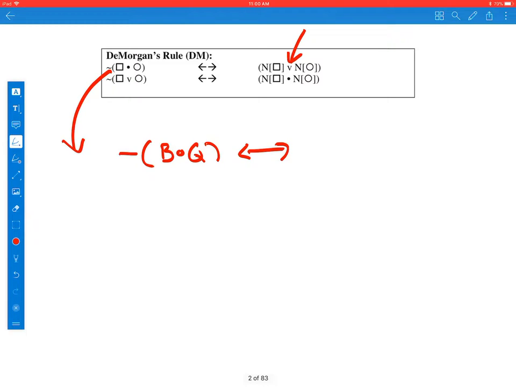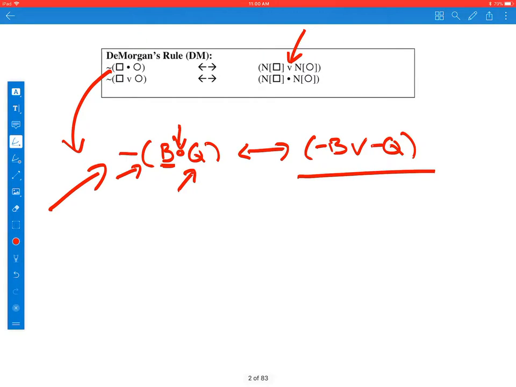So we push the negation through, as it were, and so the B becomes not B, the and becomes an or, and the Q becomes a not Q. So wherever you have this expression on the left-hand side, you may convert it into the expression on the right-hand side, and vice versa. You can start out from here and convert it back to this using De Morgan's.